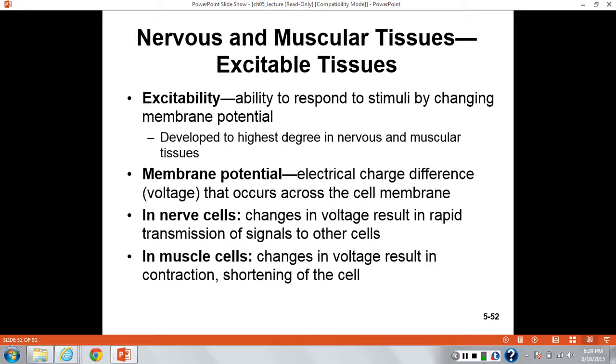The body responds to chemicals or hormones that can be released that will have an influence on our nervous system. But when they mention membrane potential, all membranes have the capability to become excited. And when they become excited, it elicits a response.